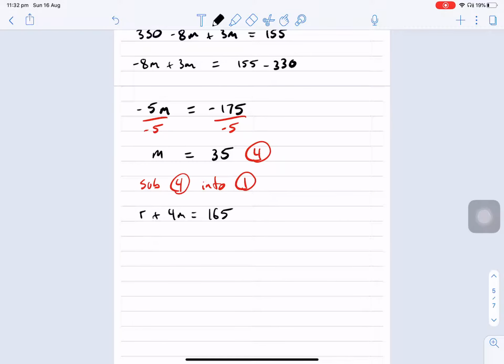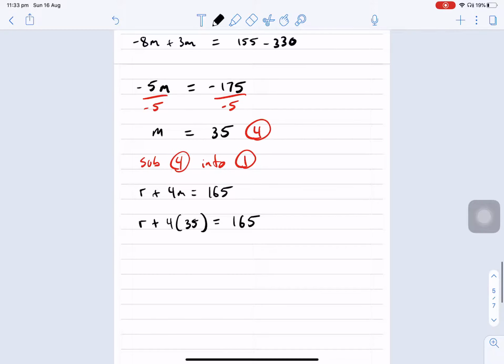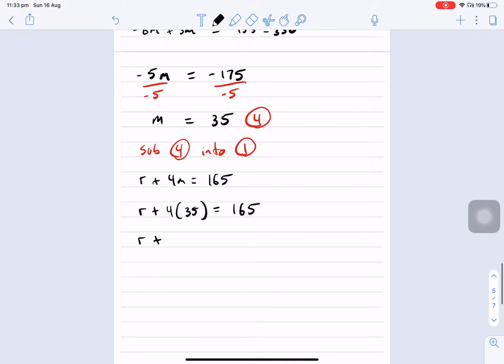So we've got our new value of M. So we've got R plus 4 lots of our value of M, which is 35, equals 165. So R plus 4 times 35. It's 140. That gives us R plus 140 equals 165.